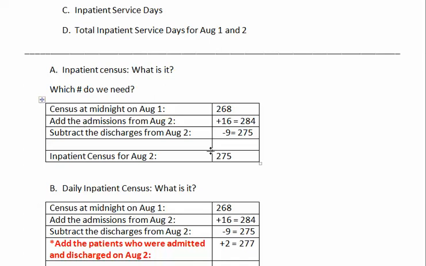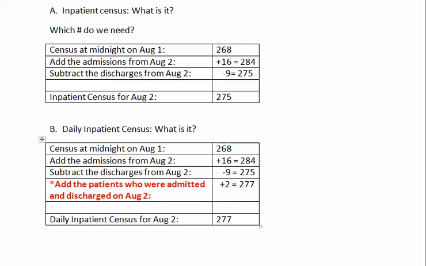We've got to add in our admissions, subtract our discharges, just like we did when we were finding the inpatient census. But remember, we have to then account for that one additional factor. We've got to add in the patients who were admitted and discharged on August the 2nd.